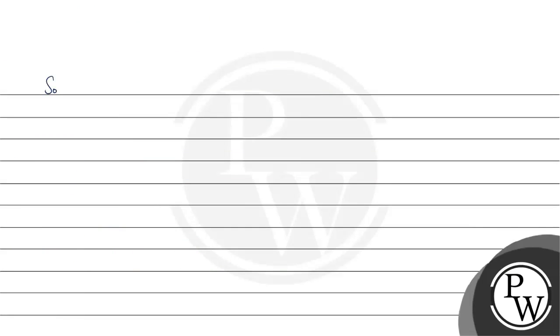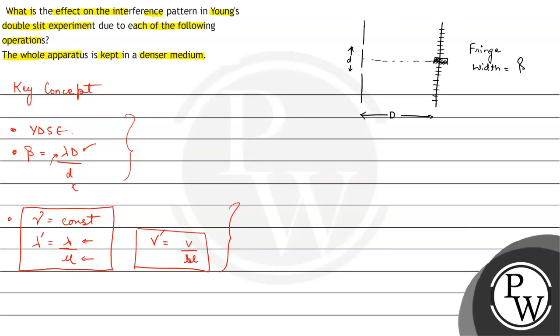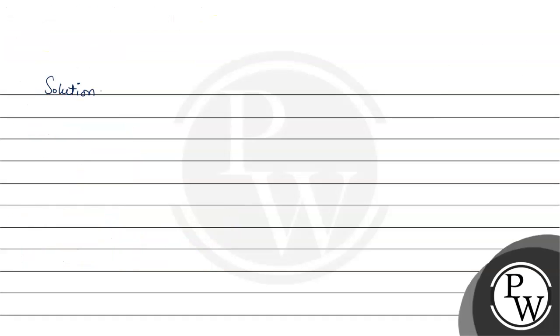For the solution part, it has asked what the effect on the interference pattern is when the whole apparatus is kept in a denser medium. When a denser medium is taken into account, lambda changes to lambda over mu, where mu is the refractive index of that medium, as we discussed in the key concepts.